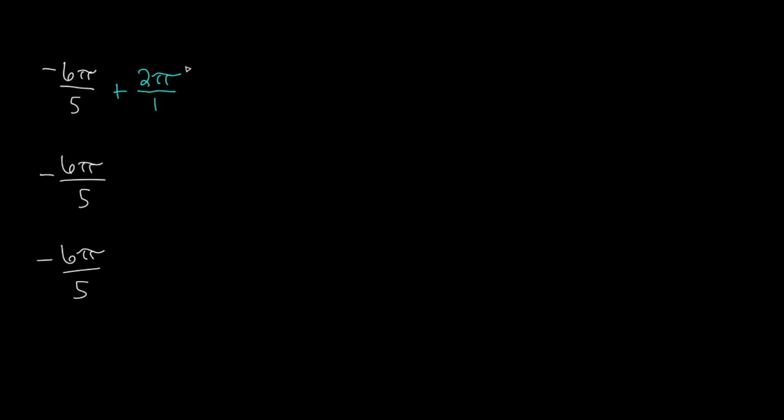But our denominators don't match again. So I'm multiplying the top by 5 and the bottom by 5. We end up with negative 6 pi over 5 plus 2 times 5 pi, 10 pi, over 5. And our answer is negative 6 plus 10, 4 pi, over 5.